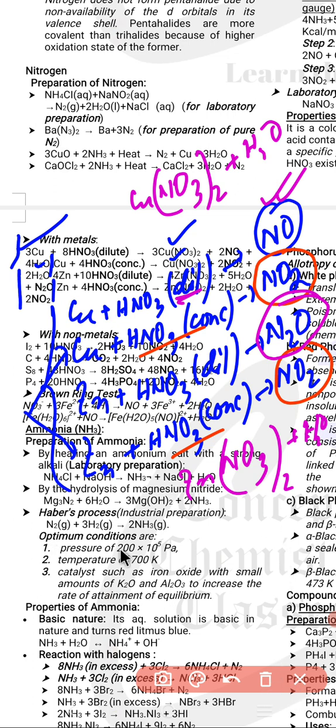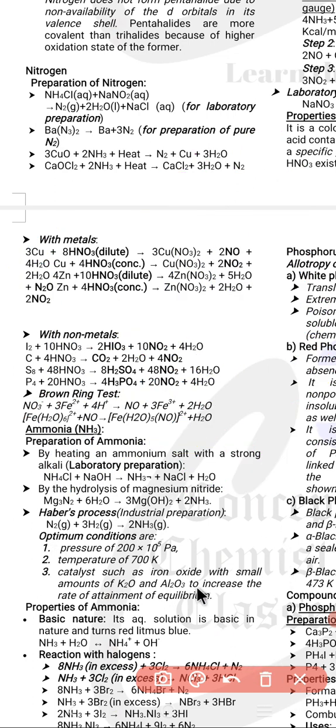Now let me move to the next property. This is with non-metals. There are four important non-metals: iodine, carbon, sulfur and phosphorus, and they react with nitric acid.